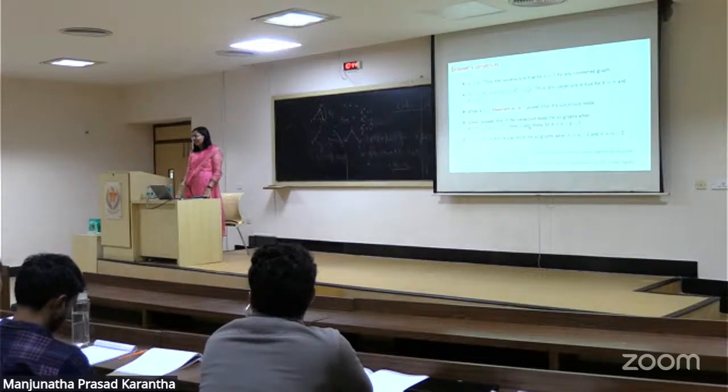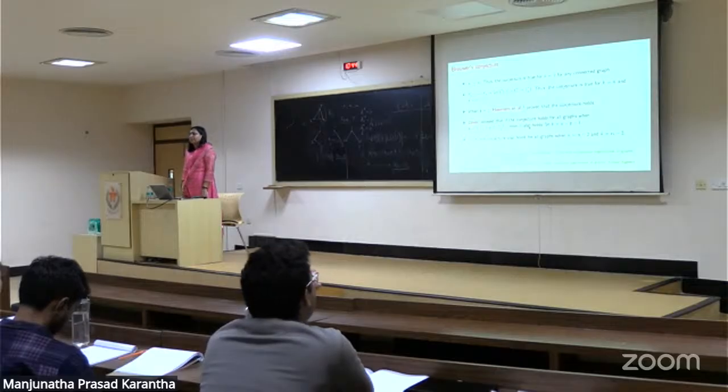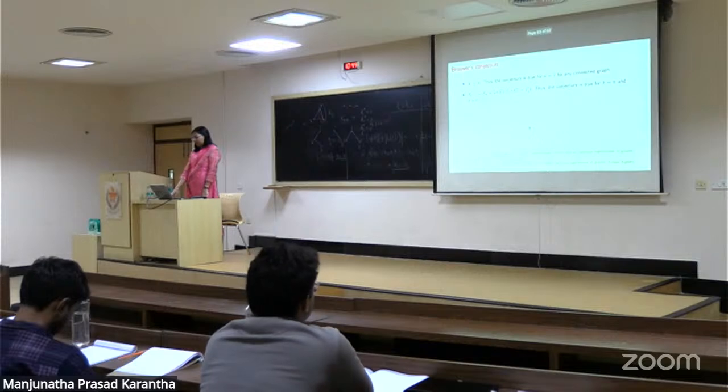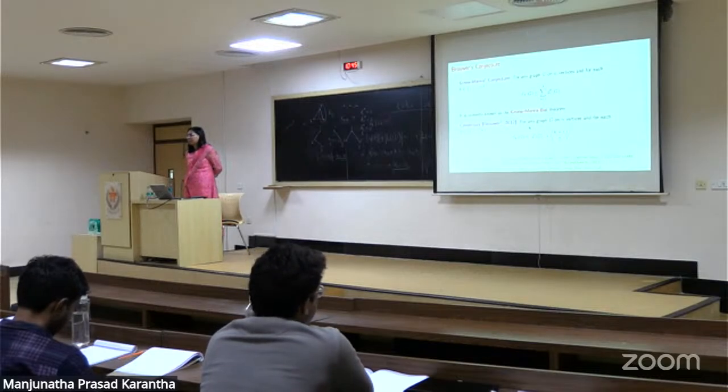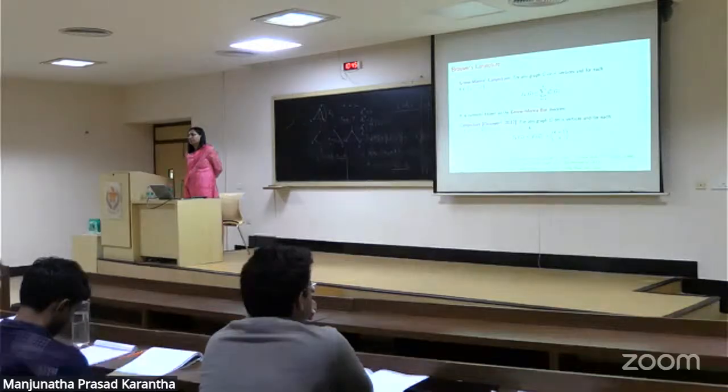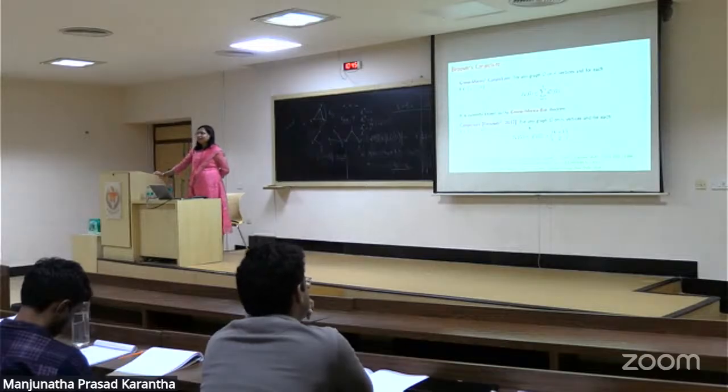You can think about what happens in the complement. What happens in the complement? If I take a cell, what do you get? And what do you get in S and n minus k?